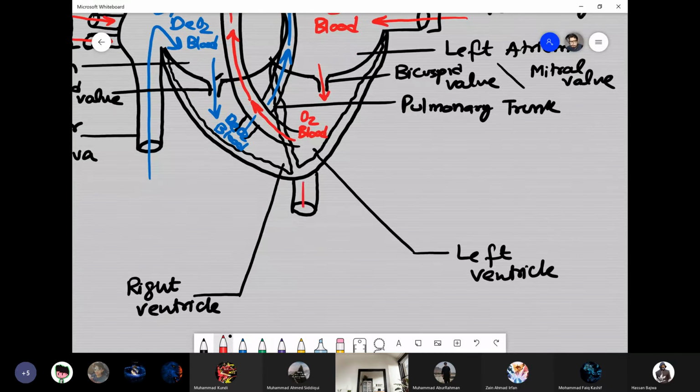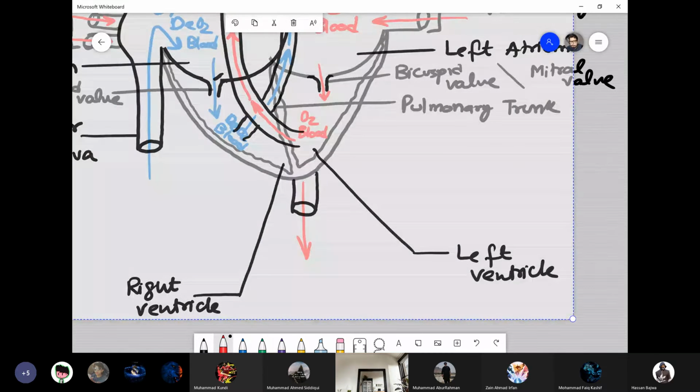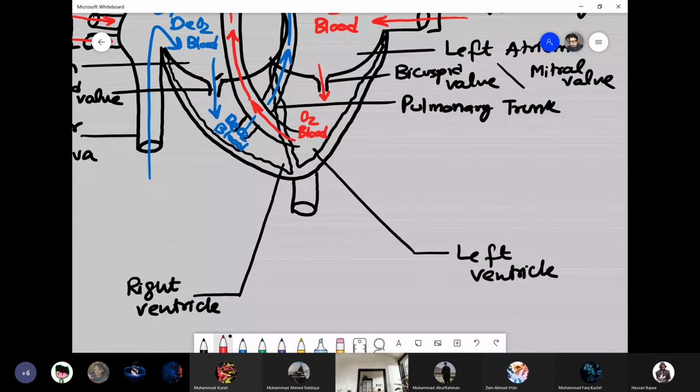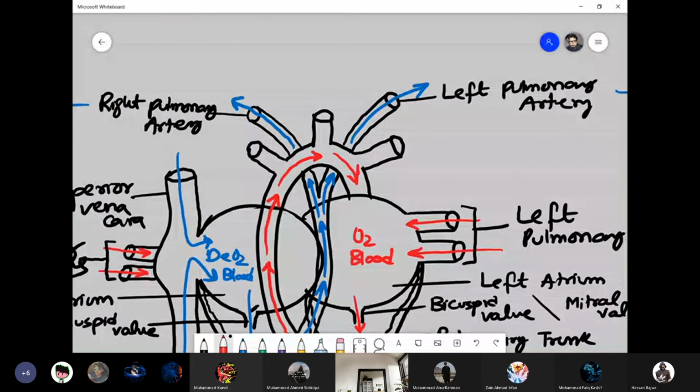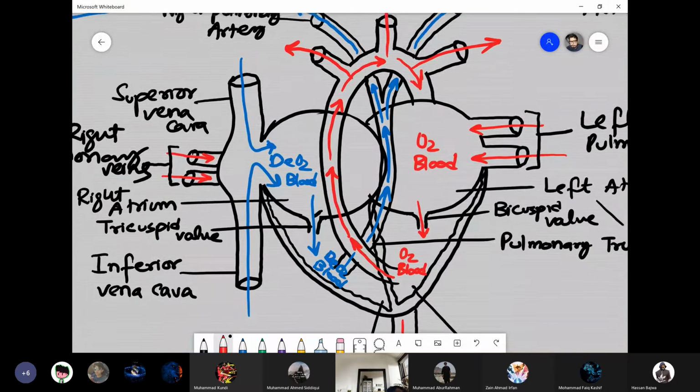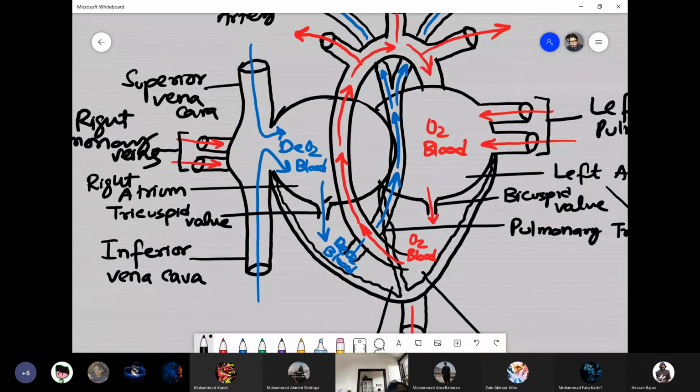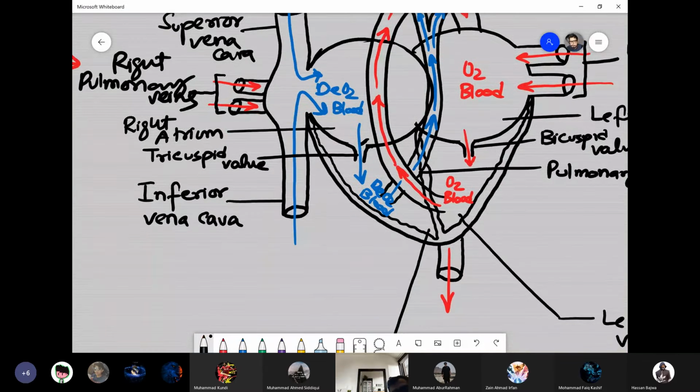Now, this blood vessel is going down. If you remember, I told you, when this blood vessel went up, it divided into three blood vessels. Now, boys, this blood vessel is called the aorta. So this blood vessel is the aorta.